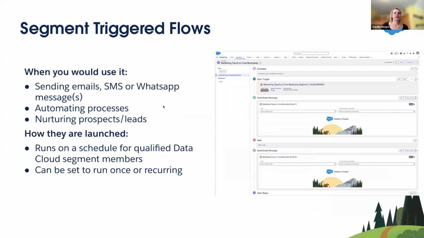Use cases here are, for example, a top of mind campaign or re-engagement campaign, keeping prospects in the loop, or even event invitations or webinar invitations. How are they launched? We run them on a schedule for qualified Data Cloud segment members, and they can be set to run once or run recurringly.